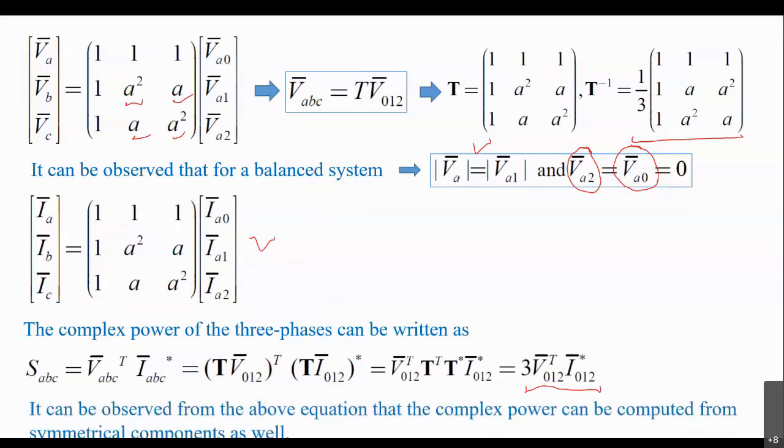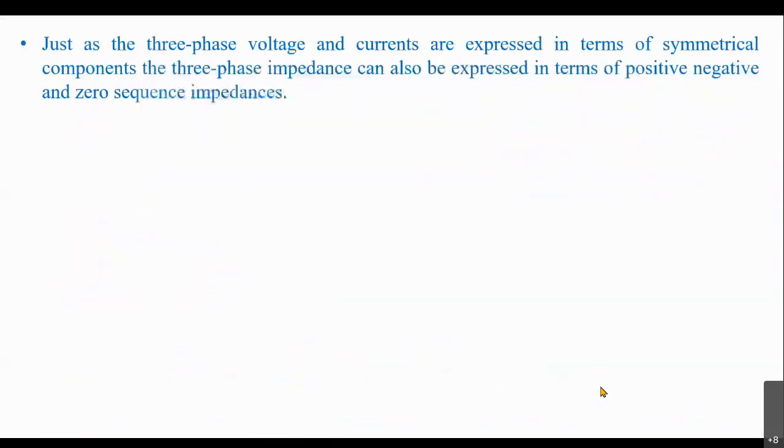So we can easily observe from the above equation that the complex power can also be computed from the symmetrical components. If we know the symmetrical component variables, we can compute the complex power as well.